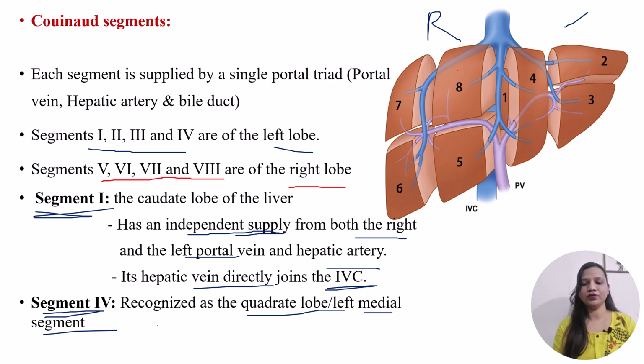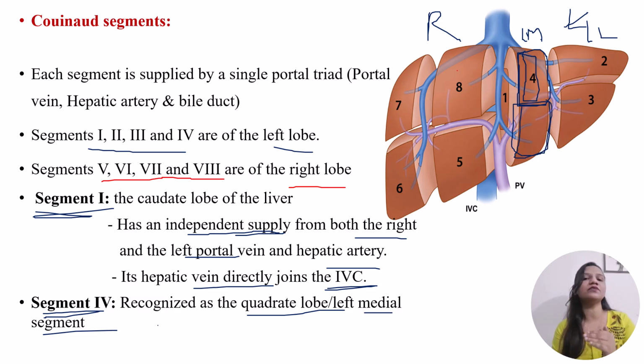As we know, the left lobe is divided into the left medial and left lateral segments. In the left medial segment, the fourth segment is located, and this fourth segment is actually the quadrate lobe of the liver. It is present on the inferior surface of the liver, and segment 1 is the caudate lobe of the liver, which is on the posterior surface.